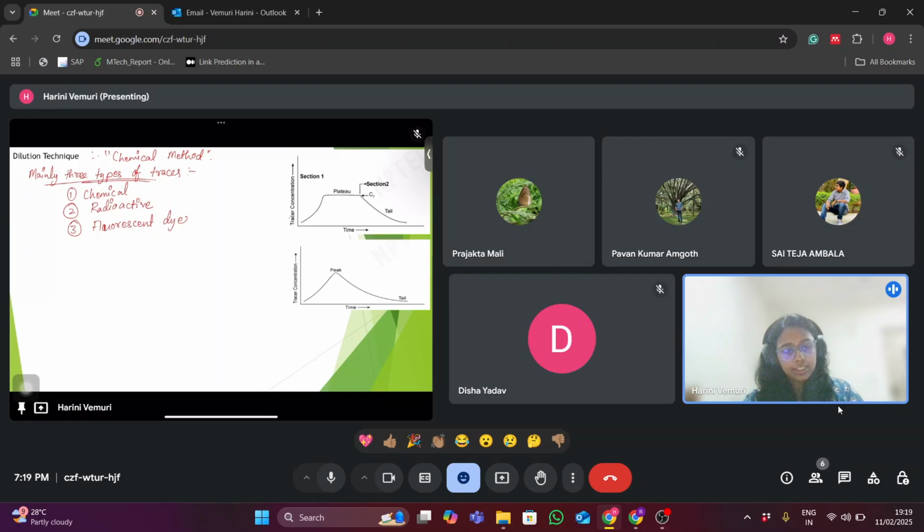So, in dilution technique, we have mainly two types. One is constant rate injection of these tracers. Okay. So, in this, we have a relationship.